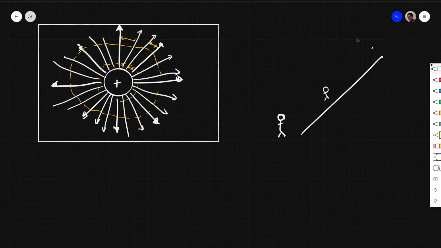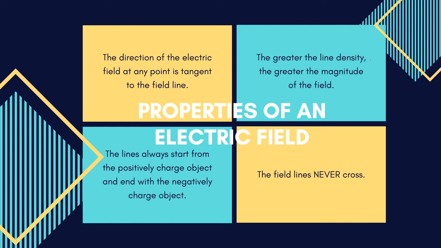Knowing how vision works, your friend that is nearer to you will be clearer, right? So let us use that analogy to understand that the nearer you are to the center, or to the source of electric force, the greater the electric field. And as you move further away, say this friend of yours is really far, the electric field that you will be experiencing is weaker.